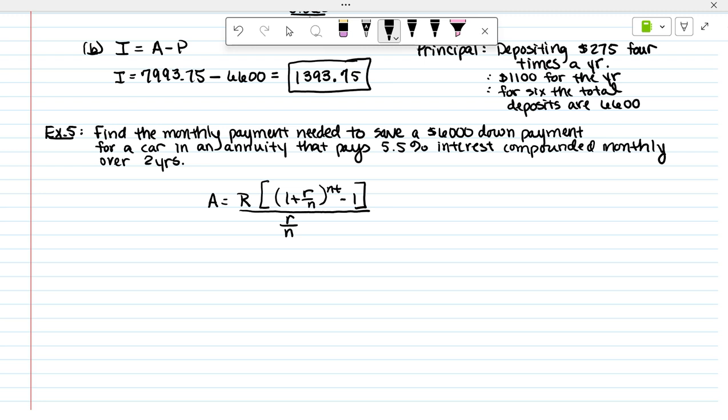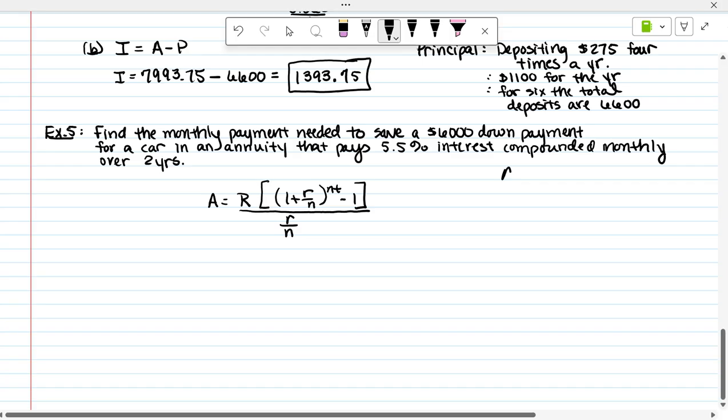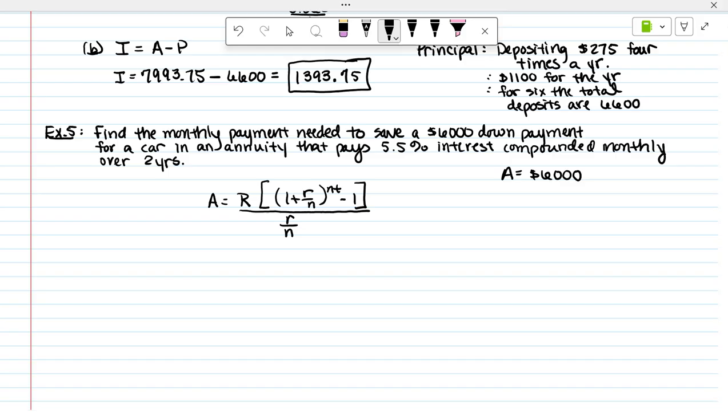Okay. So that's what they're asking. So A is actually the $6,000. A is my $6,000. It says monthly payment, and the interest is going to be compounded monthly.